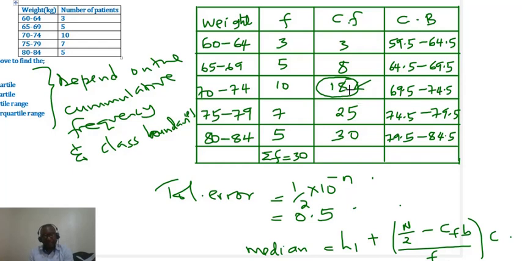So median is a value that lies here, meaning that the lower class boundary of the median class is 69.5. Frequency of the median class is 10, then cumulative frequency before is 8. Let's substitute in here.